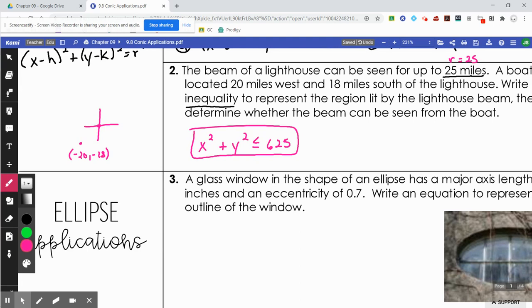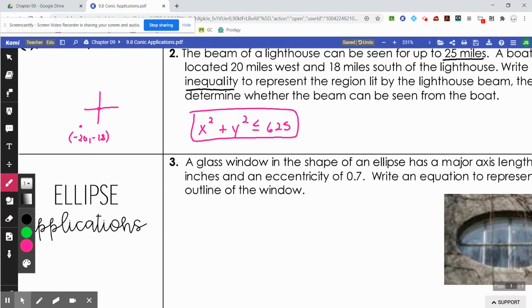We plug in −20 for x and −18 for y. So we have (−20)², which is 400, plus (−18)², which is 324. Does that satisfy the inequality, less than or equal to 625? If you add those, it gives you 724. That is outside of that 625 region. It's too far out, so therefore, can the boat see it?